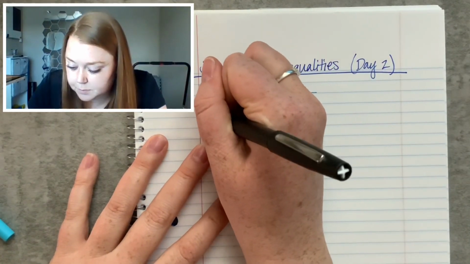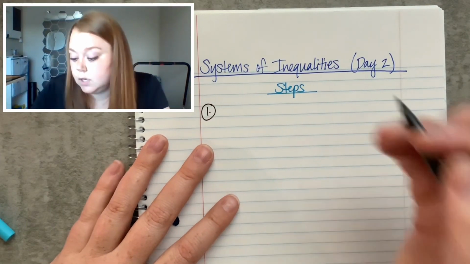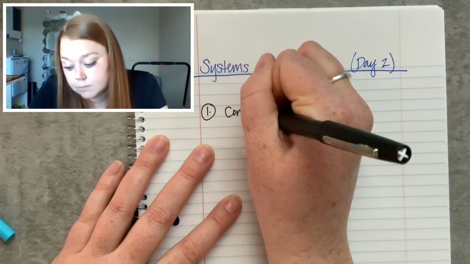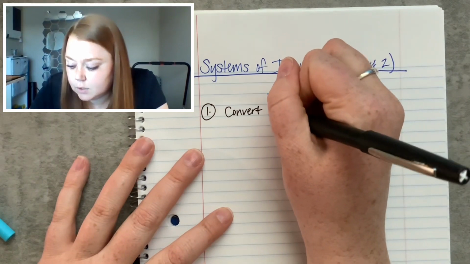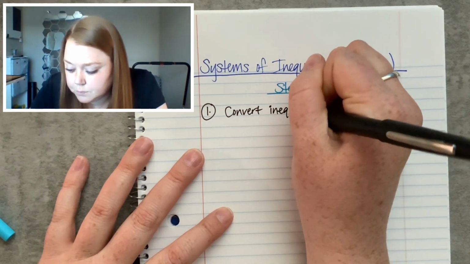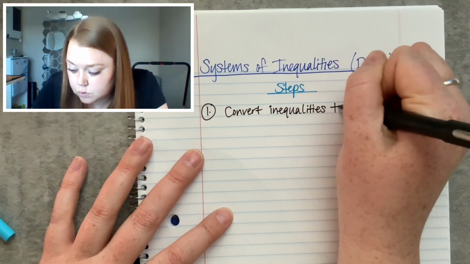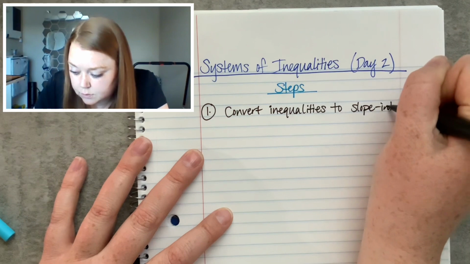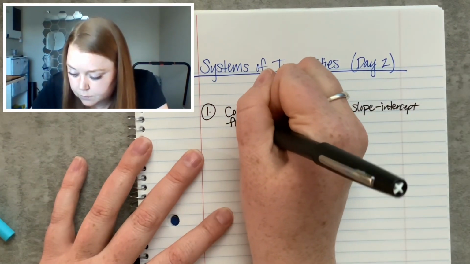Some general steps. So here's step 1, always, always. You are going to want to convert, or change if you'd rather write the word change, inequalities to slope intercept form if needed.